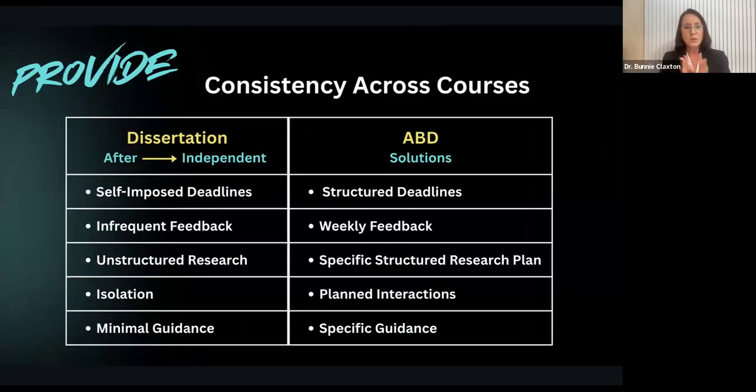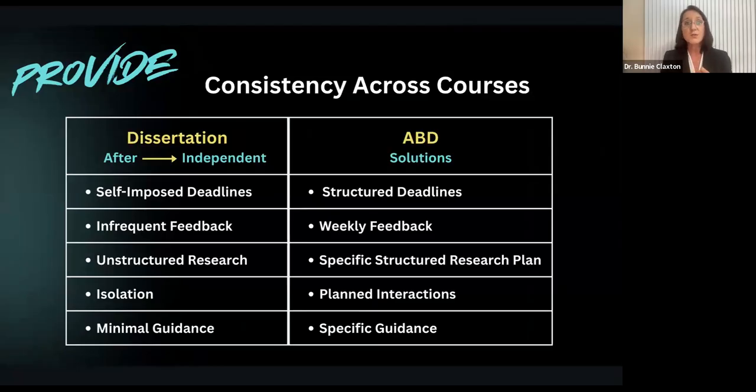So consistency across courses, to talk about what the solution here is. If you look on the right-hand side, this is where the dissertation is done as an independent study. That's currently what many institutions are doing. And there's a 50% failure rate in this dissertation model. So what can we do to help the students to be successful?